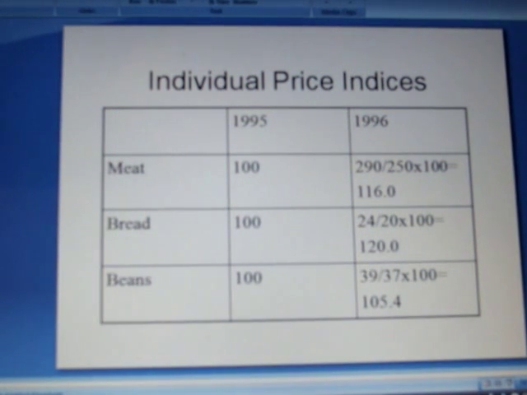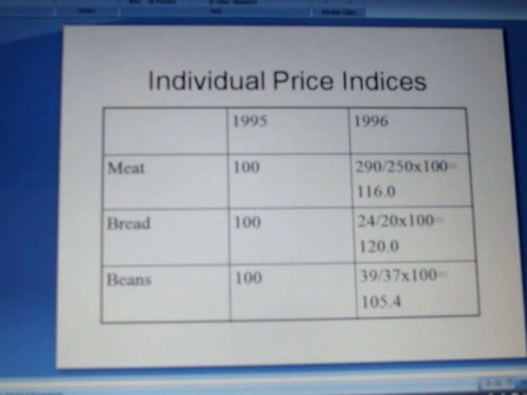If we do so, we will get the index for 1996 individually for meat, bread and beans. So we see that the index for meat has shown an increase and also by bread and beans.